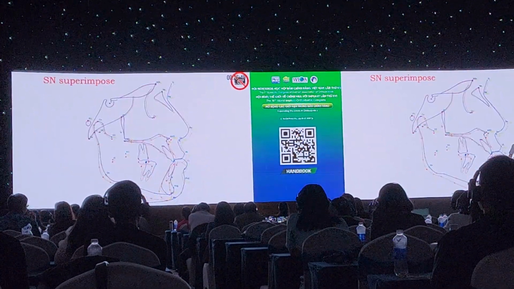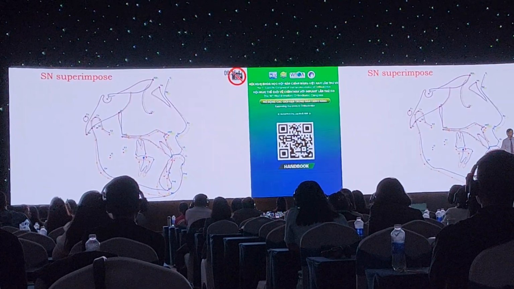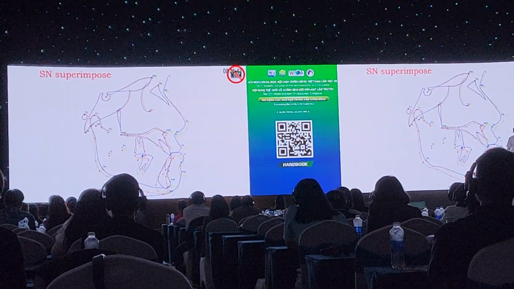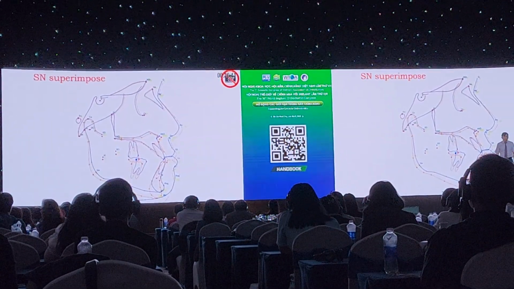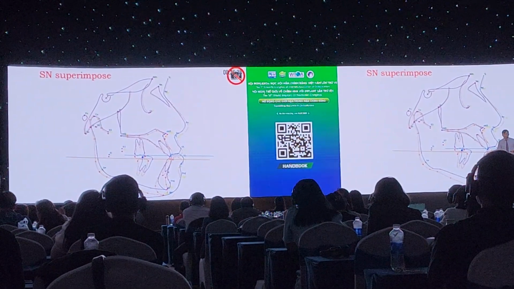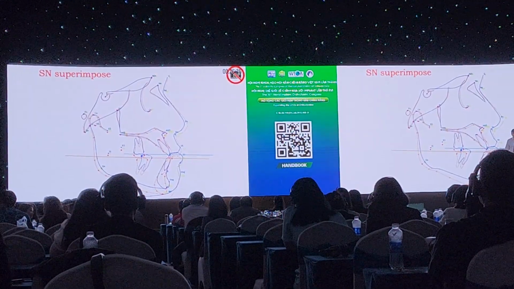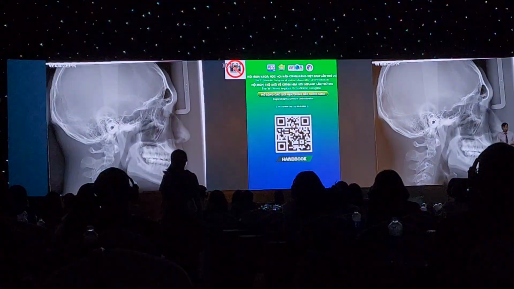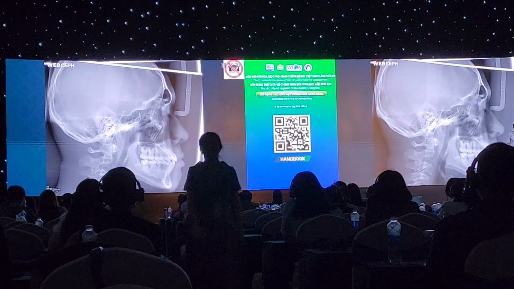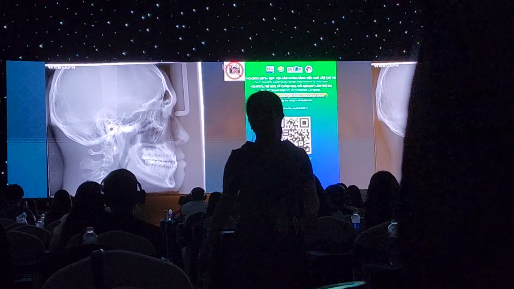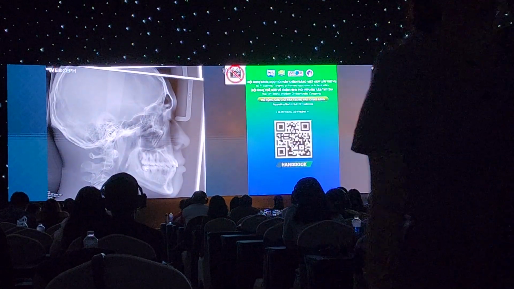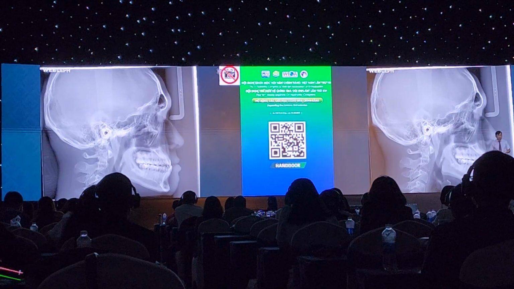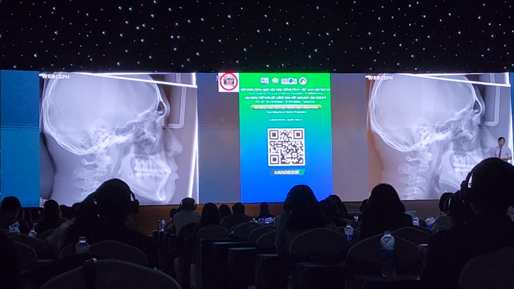So, how can I correct the class 3 case in this case? I increase the vertical. And the vertical, I get only 10 months to increase, and it helps me to correct the class 3 skeletal. So, compare with another case: if we try to retract the incisor, we take around 2 years and a half.